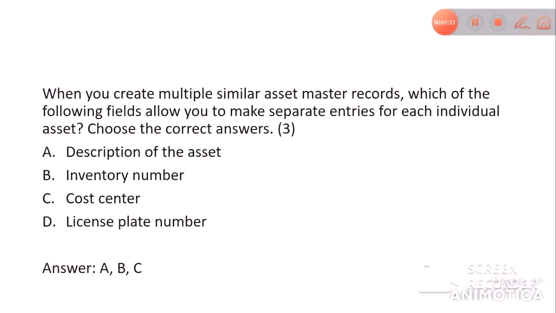So now we have a few questions. When you create multiple similar asset master records, which of the following fields allow you to make separate entries for each individual asset? Inventory number, cost number, and description of the asset.